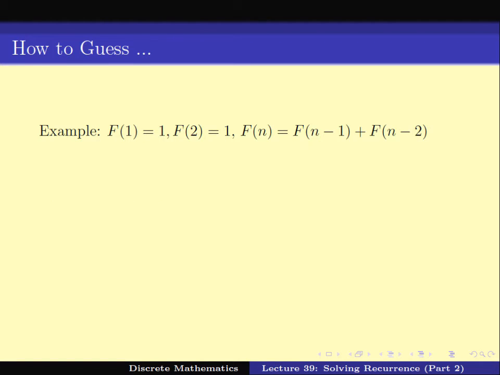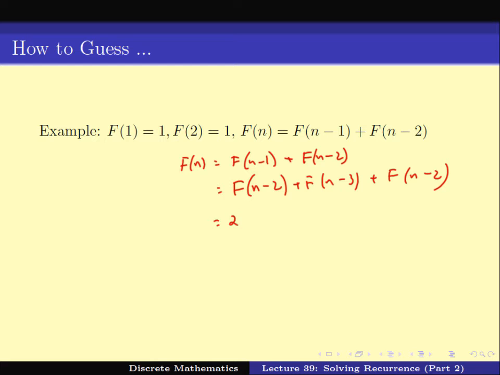The problem is that there are complicated ones like this, Fn equals Fn minus 1 plus Fn minus 2. Now we can try to unfold it by saying that okay, Fn equals Fn minus 1 plus Fn minus 2. Then Fn minus 1 equals Fn minus 2 plus Fn minus 3, plus Fn minus 2.